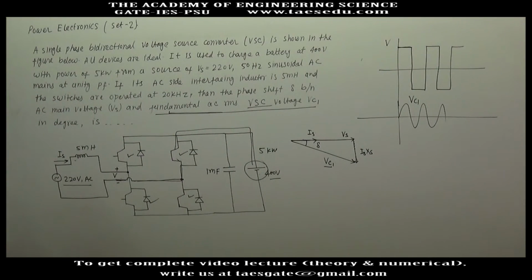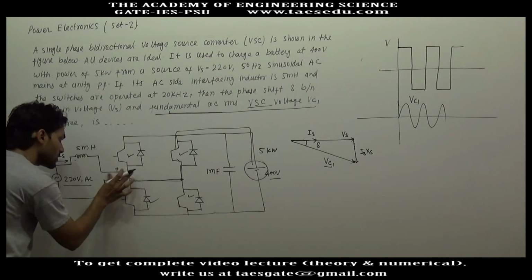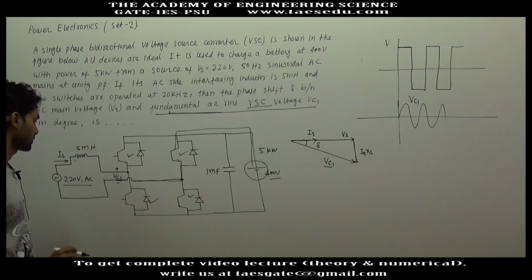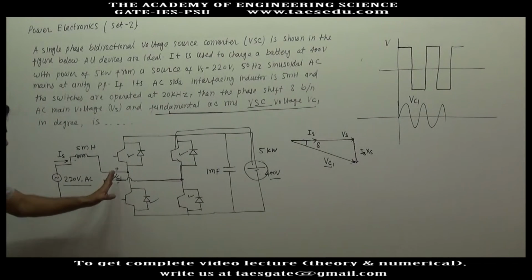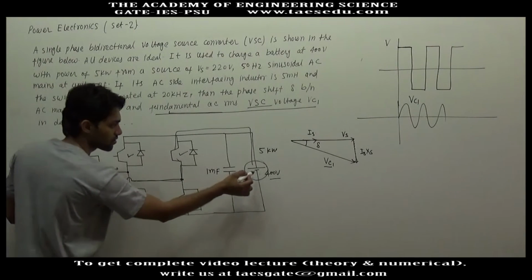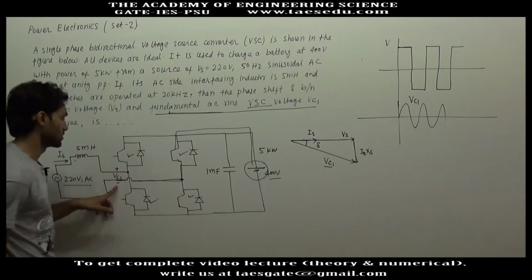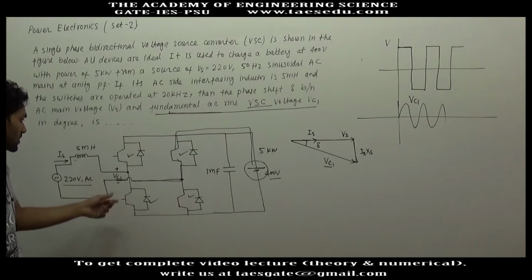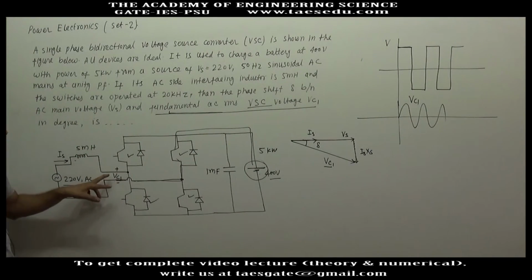Okay, so now let us say the fundamental component of voltage is Vc1 here, and this Vc1 will be because of this 400 volt DC source. Instead of this much circuit diagram, I am just connecting a fundamental voltage source of Vc1 here.